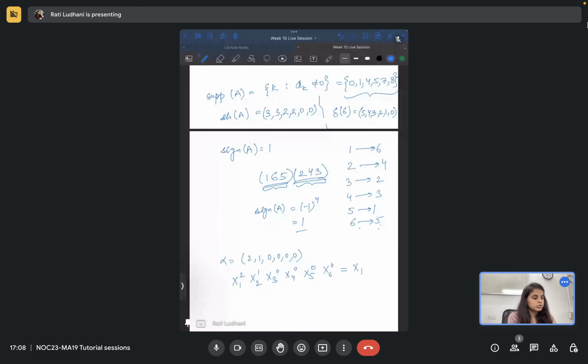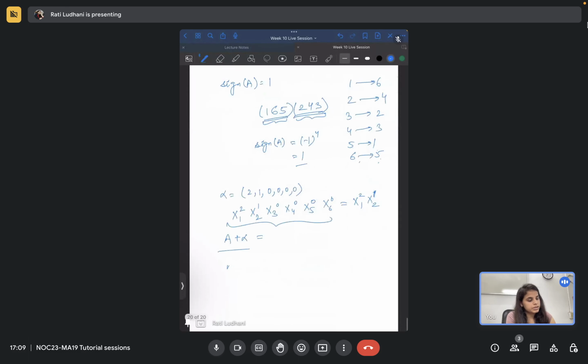So what we can do, we are saying you add a plus alpha. What does this say? This says you multiply, as in this multiplication and addition in terms of exponents. So when we multiply, exponents get added. So for example, the weight of a plus alpha.